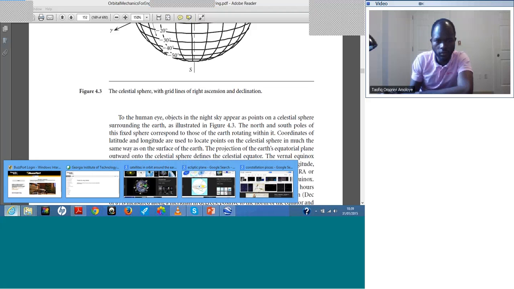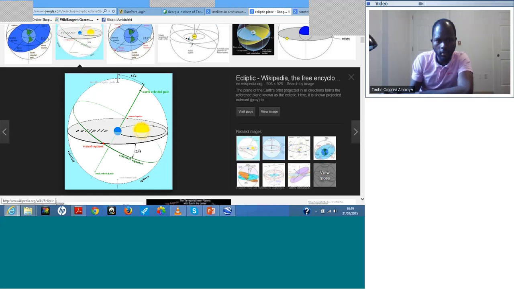So here, this is the celestial sphere, and that's the Earth at the middle of the celestial sphere, with the celestial equator coinciding with the Earth's equator there.